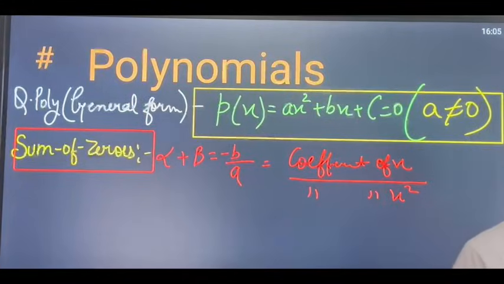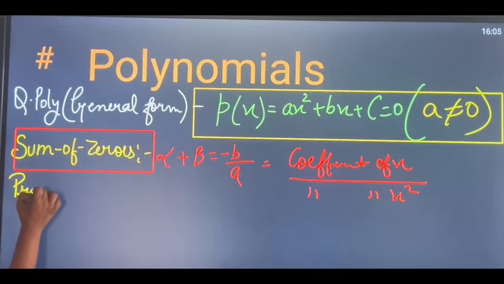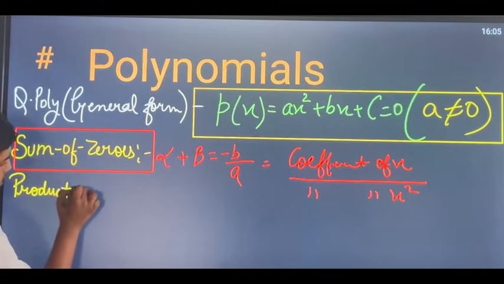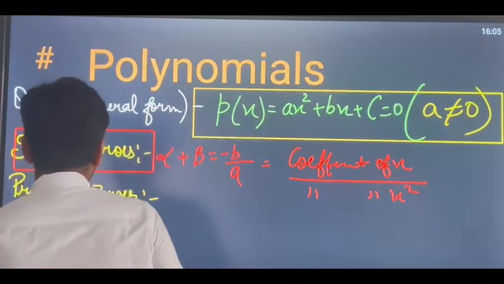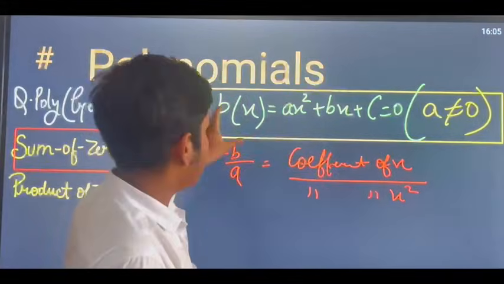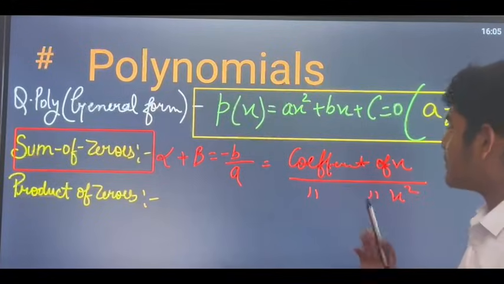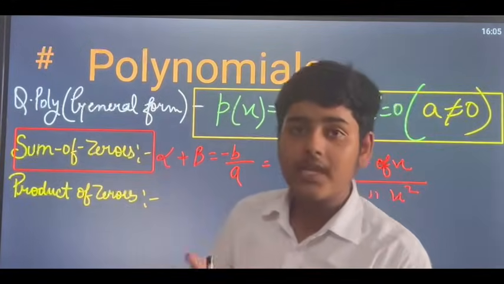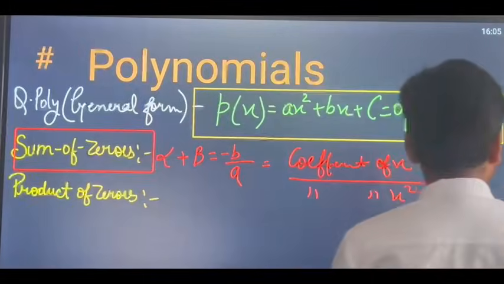we will find the product of zeros. So we have the general form P(x) equal to ax square plus bx plus c equal to 0, and a is not equal to 0, and the sum of the zeros alpha plus beta is minus b upon a, equal to coefficient of x upon coefficient of x square.